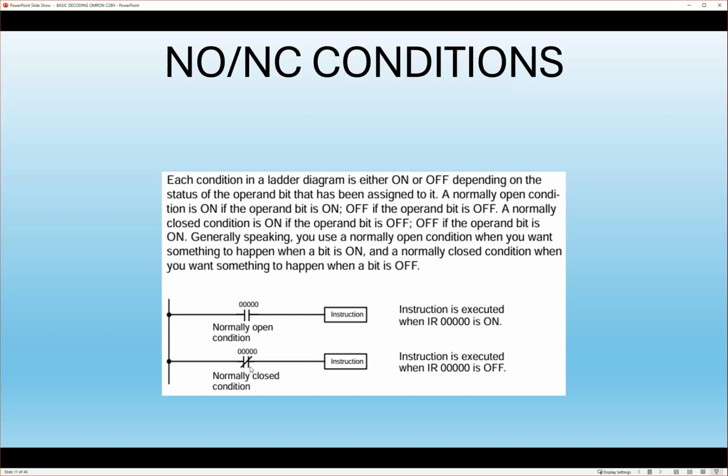A normally closed condition, shown in the bottom picture here, is on if the operand bit is off, which means if we're not seeing that status come in, it's going to be true here. So we can use it either way in our program depending on how we use our operand, normally open or normally closed. And when those are true, regardless of the state, you can pick whichever way to use it in the logic. Your instruction is going to be executed.